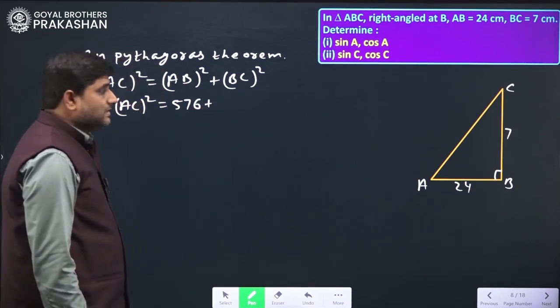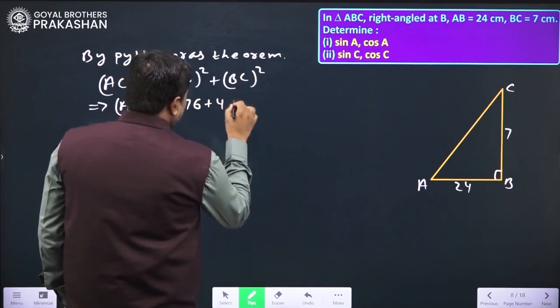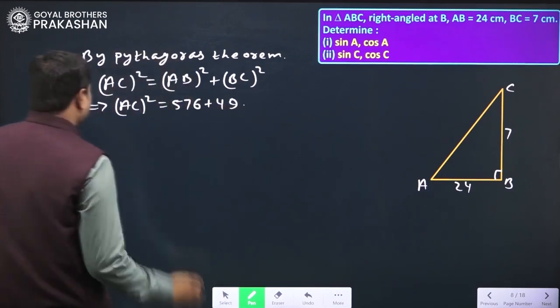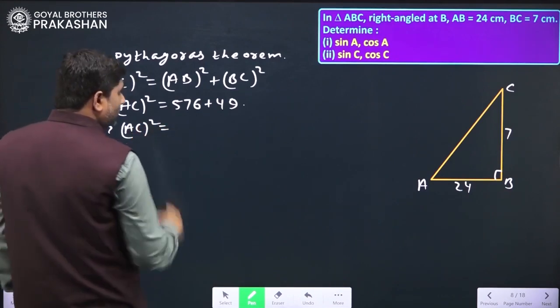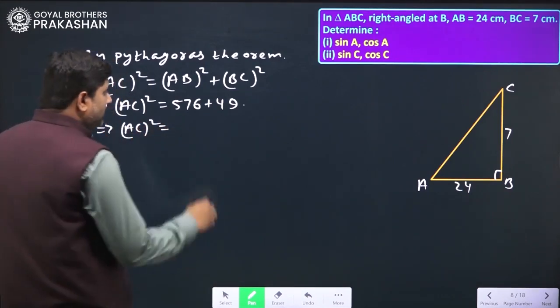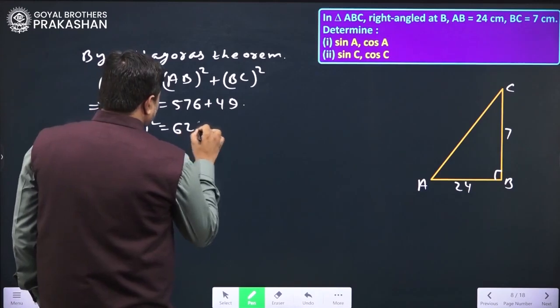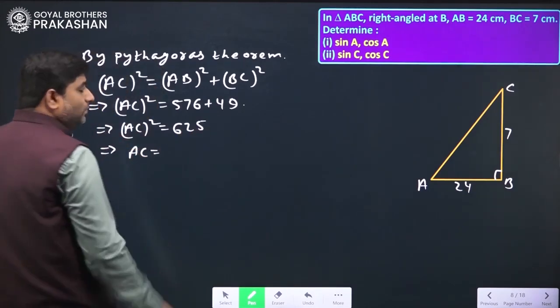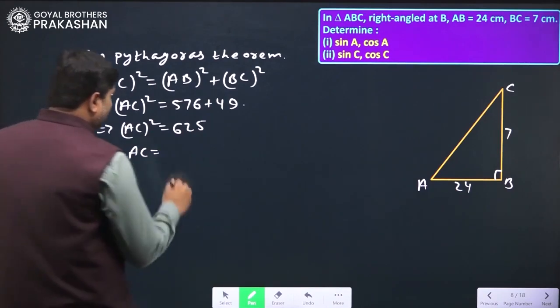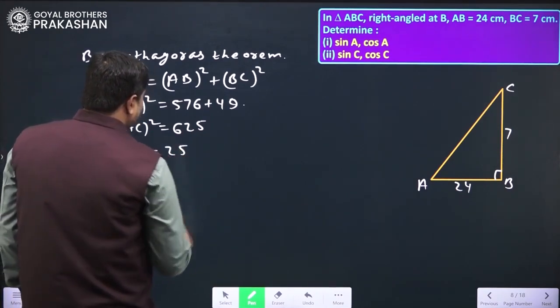BC is 7, 7 square is 49. So this implies AC square is equal to 576 plus 49 is 625. So AC is equal to square root of 625, that is 25.